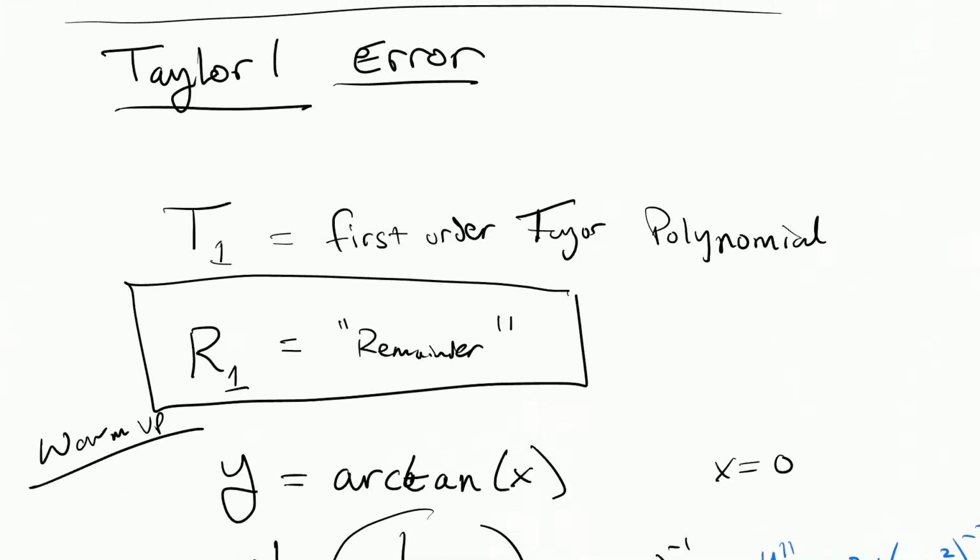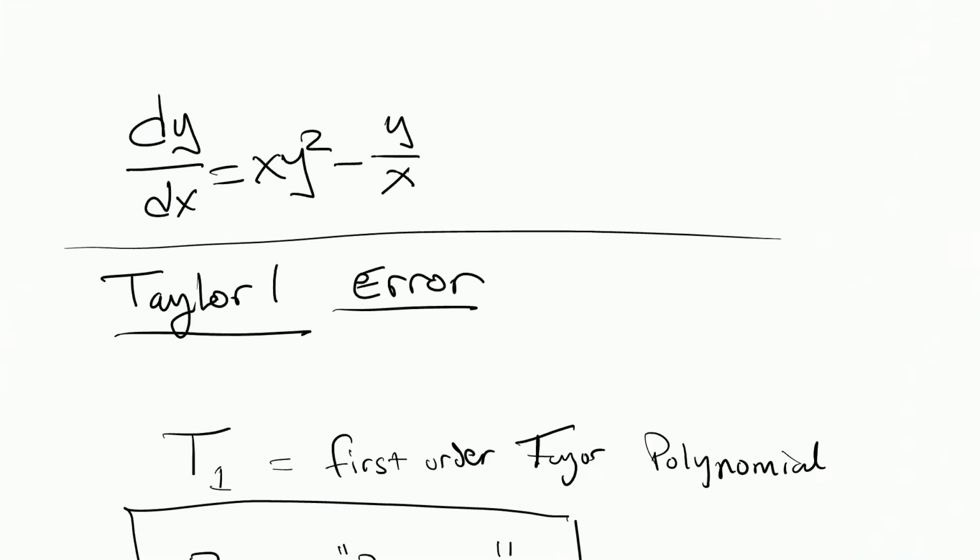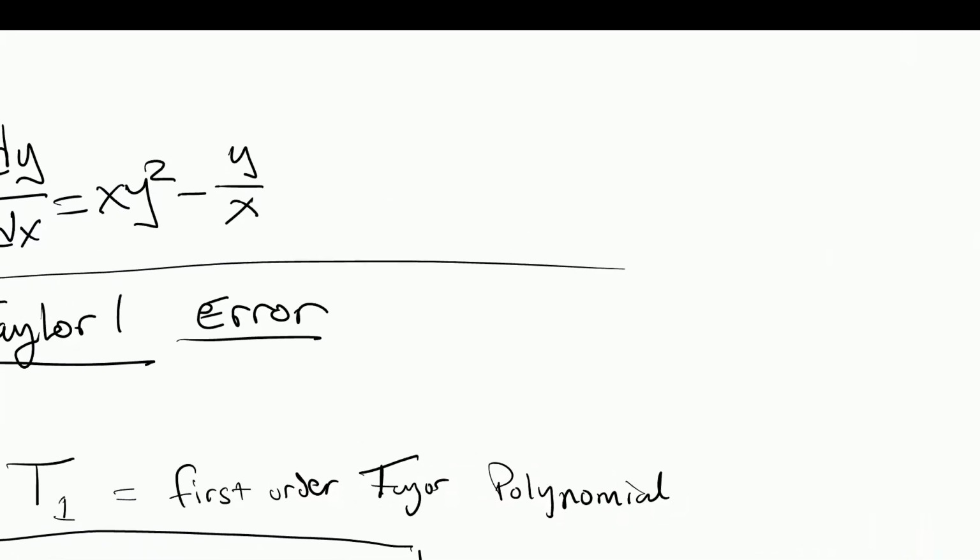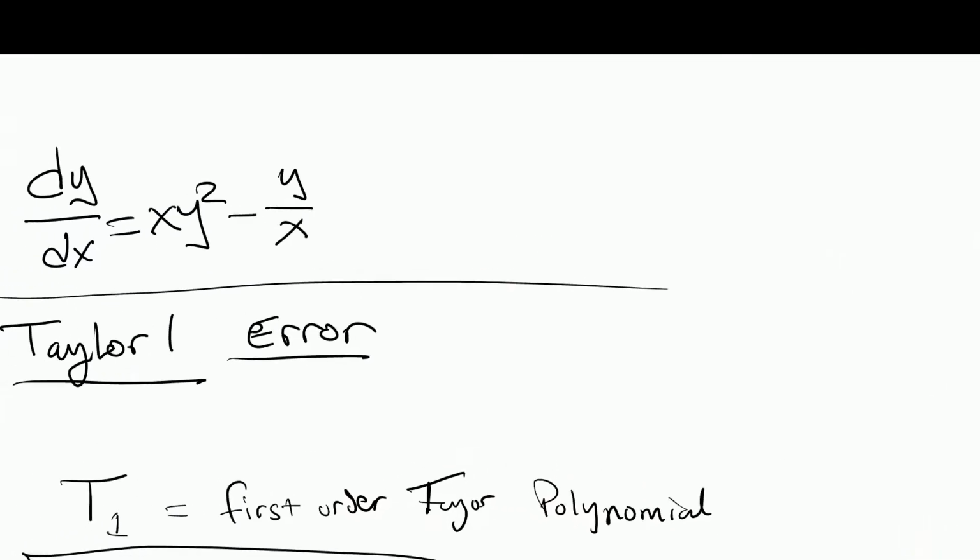The problem at hand is using Taylor 1 method and finding the error. I know I just went through all that rigmarole, but now we got to go back. Okay, so let's remind ourselves, what does this mean? We have the remainder. So you know the Taylor 1 method.